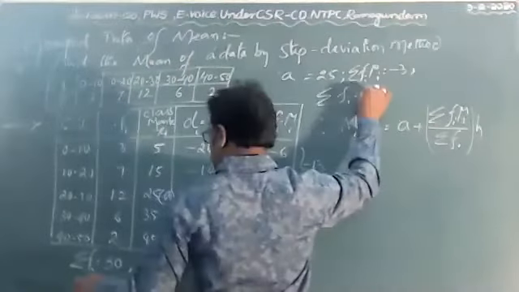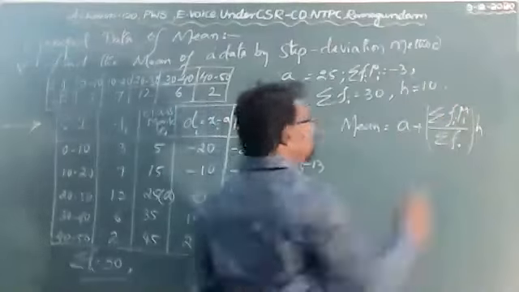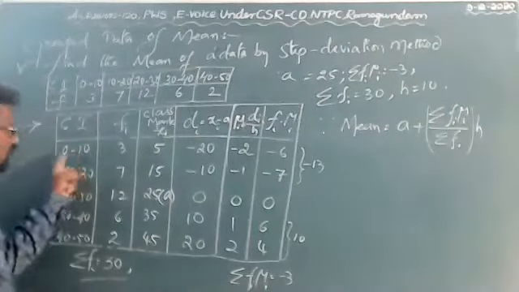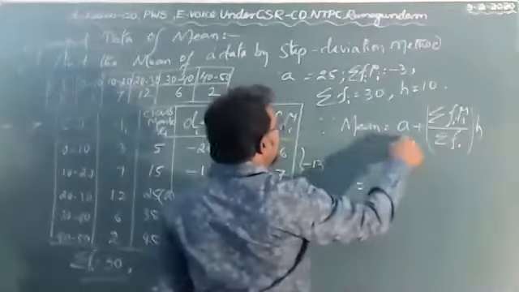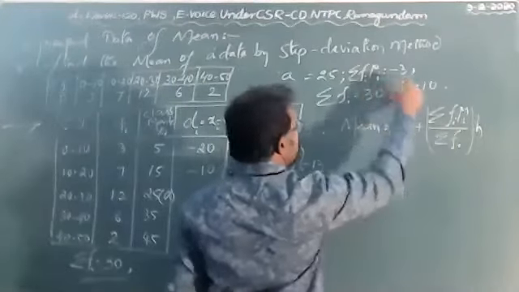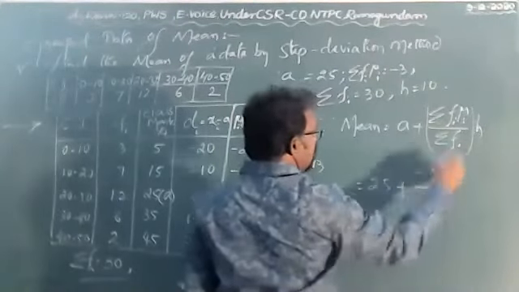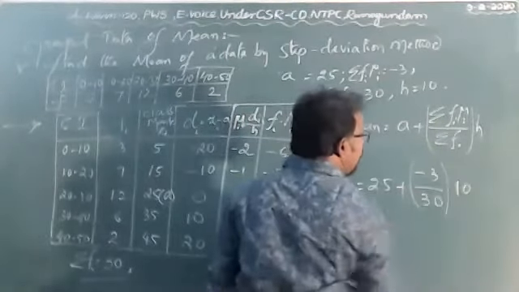Sigma f, we know, is 30. h is 10, the gap. Now substitute all values: a is 25, sigma f mu is minus 3, sigma f is 30, h is 10.